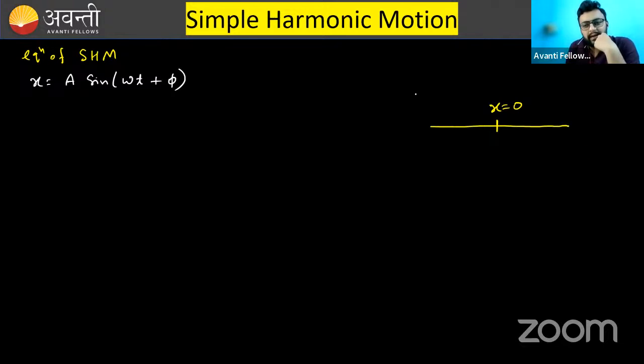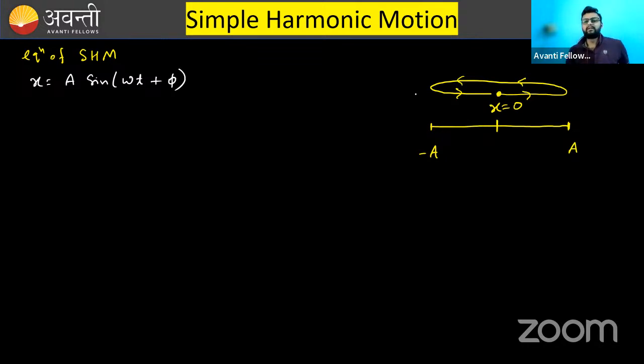And this is the maximum or extreme position. This is A. This is left side extreme position. This is minus A. So particle moves along this path like this. This is the motion of the particle. And starting from here, if it completely reaches there, then it's called one oscillation. That's how we describe SHM.